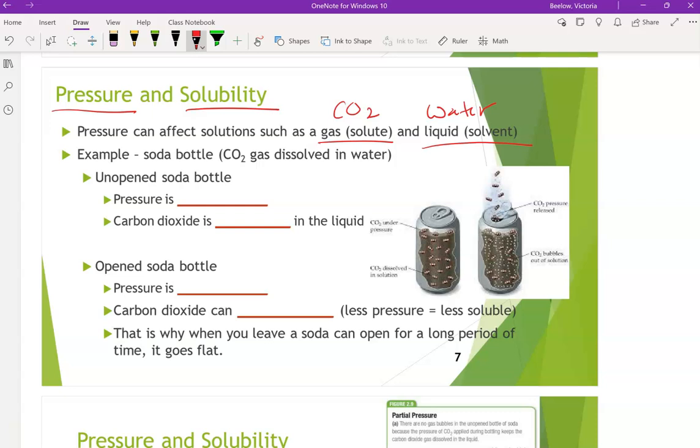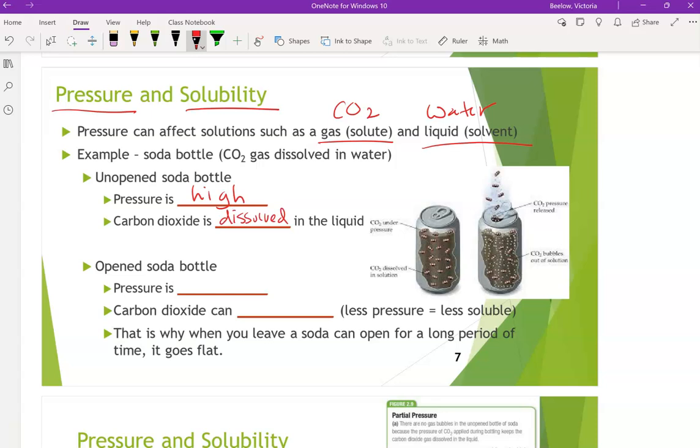So when a bottle or a can is unopened, the pressure inside of it is generally pretty high, and because it's high, that carbon dioxide is staying dissolved in the liquid.